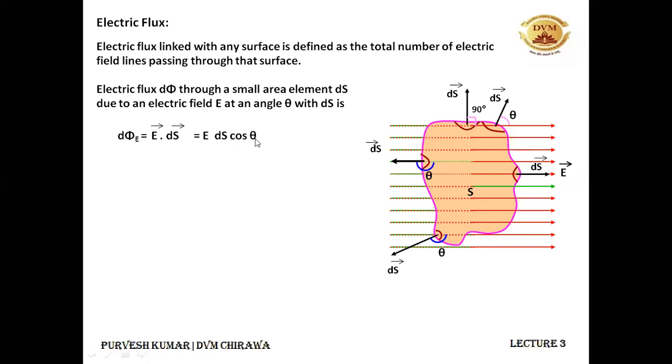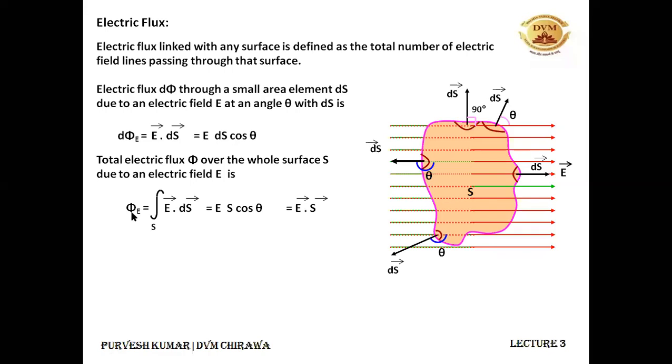All right. Now, in order to calculate the electric flux through this complete surface, that is capital S, I'll be integrating the small electric flux. The integration of this small flux will give me the total electric flux through the whole surface S. So the total flux phi E is equal to the integration of E dot ds.